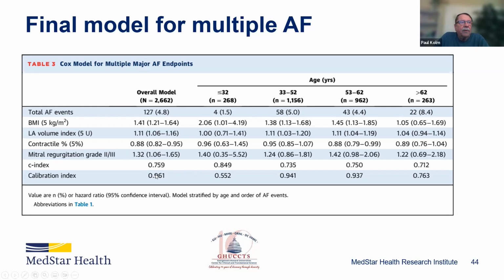A calibration index of 1 is perfect. So we did really well on our calibration index. And so these are the 5 variables that we came up with for predicting atrial fibrillation by using the elastic net.